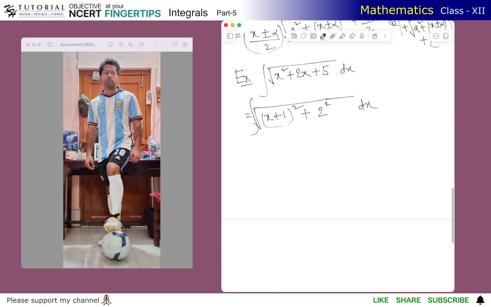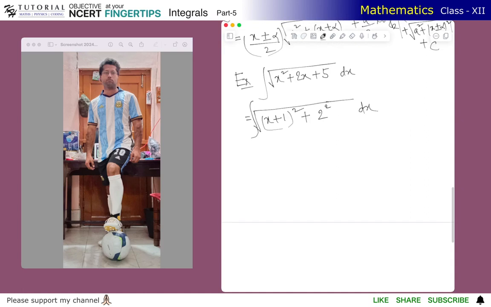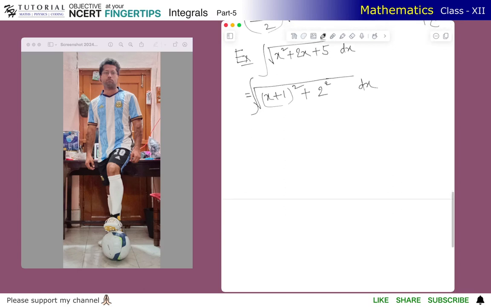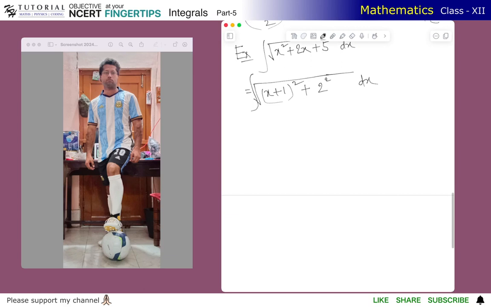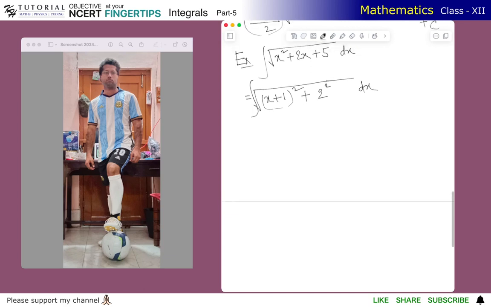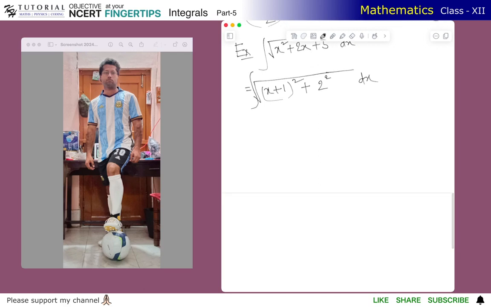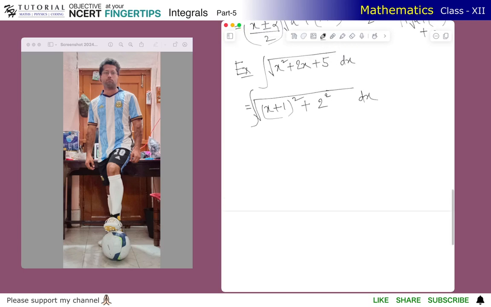Now, considering that you do not know or you forgot the standard result of x square plus a square, what we do is, instead of x plus 1, we can substitute: let x plus 1 equal t.